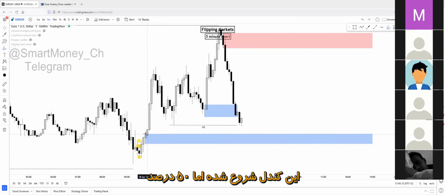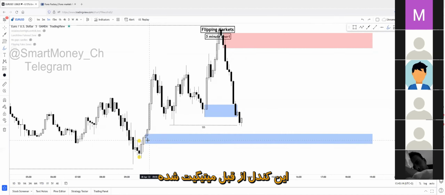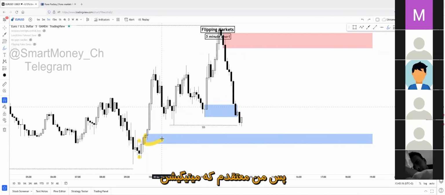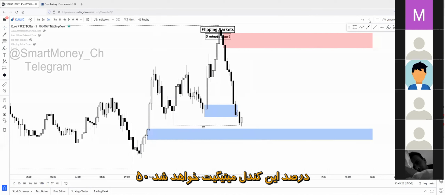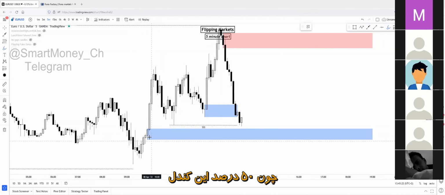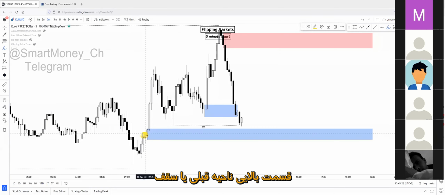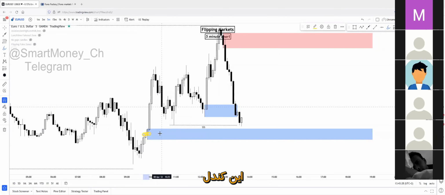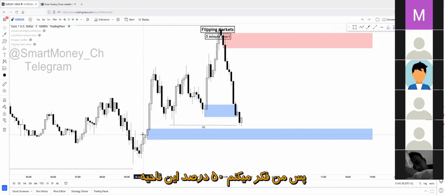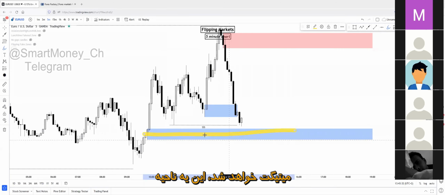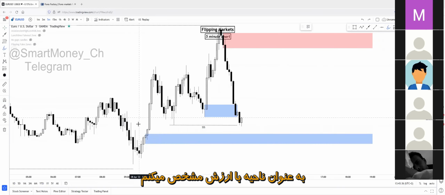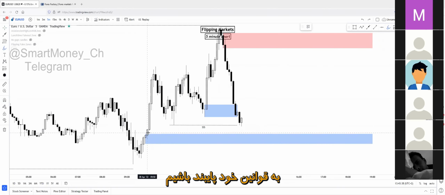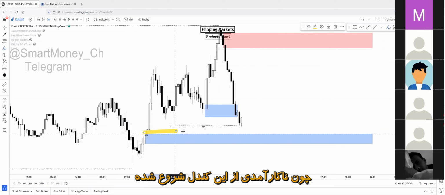The inefficient gap has started from this candle, but the 50% of this candle has been already mitigated. So I believe the mitigation will happen right here at this candle, because the 50% of this candle lines up with the upper area of this candle, the high of this candle. So the 50% mitigation will happen on this zone, I believe. That will be the best area, but I will just keep this zone as our valuable zone because let's stick to our rules, because the inefficiency has started from this candle.